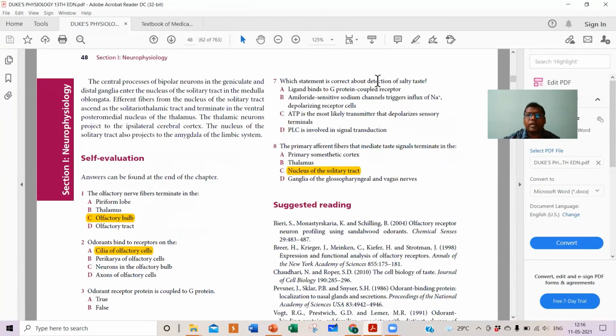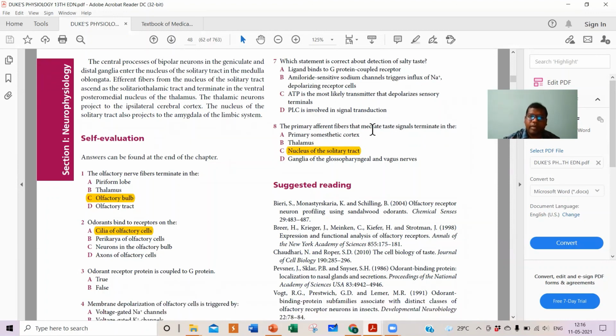Which statement is correct about detection of salt taste? Ligand binds to G protein coupled receptor; amiloride sensitive sodium channel triggers influx of sodium, depolarizing the cell; ATP is the most likely transmitter that depolarizes sensory terminals; phospholipase C is involved in signal transduction. So for salt taste, the correct answer is B. The amiloride sensitive sodium channel triggers the sodium influx and causes depolarization of the receptor cell.